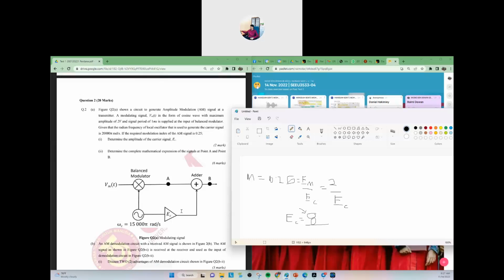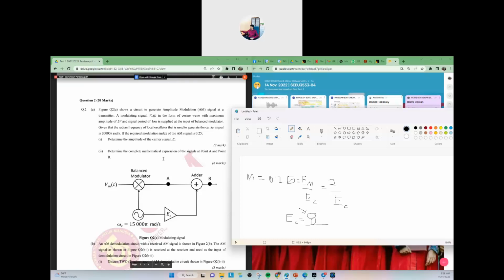This one is for EC, the carrier component in our envelope equation. If we don't have this, we don't have a carrier, so it will be double sideband suppressed carrier. This one is double sideband full carrier.